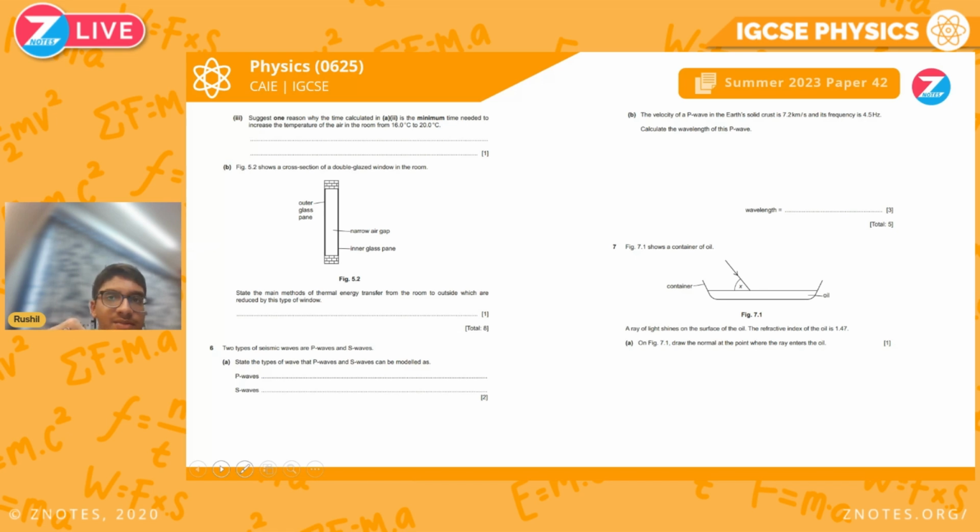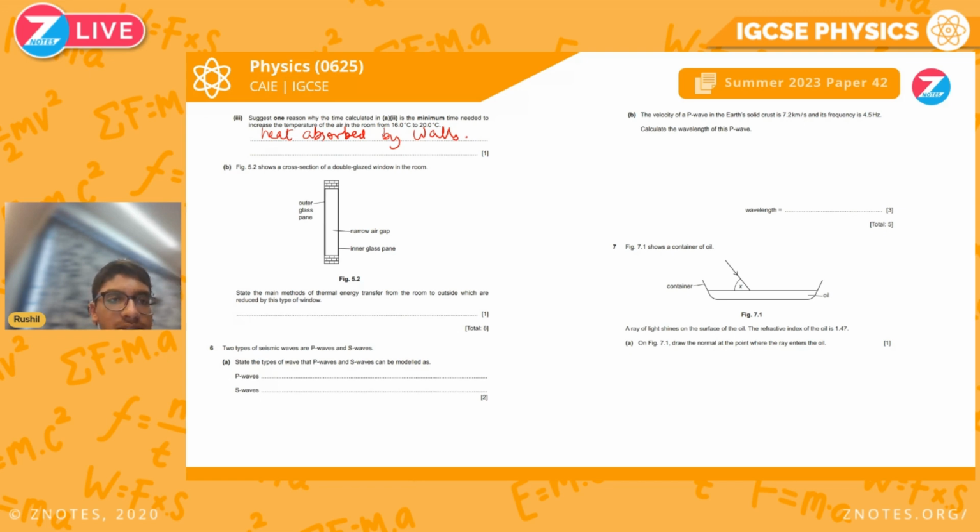It could be absorbed by the walls. So we say that the heat is absorbed by the walls of the room. Hence, since some of the heat goes to the walls, you need more heat than this to actually heat the room by 4 degrees. So that's why the time we calculated is the minimum time. We're assuming no heat loss happens.